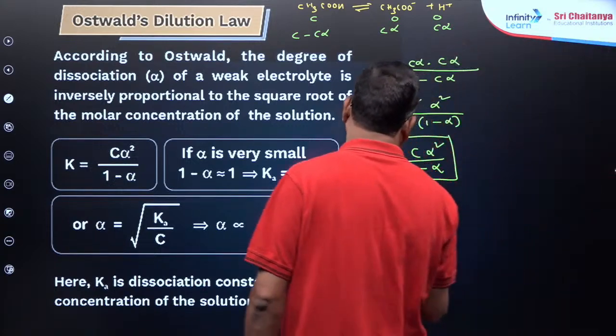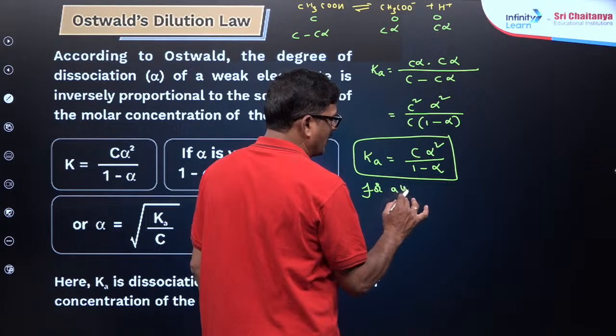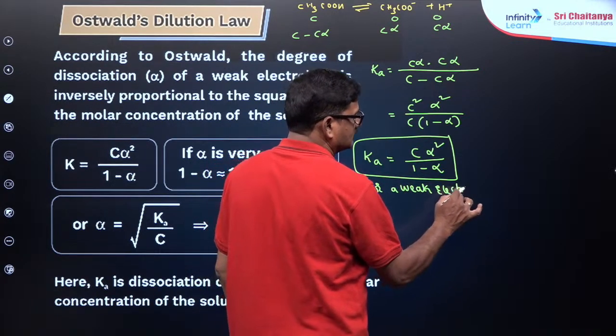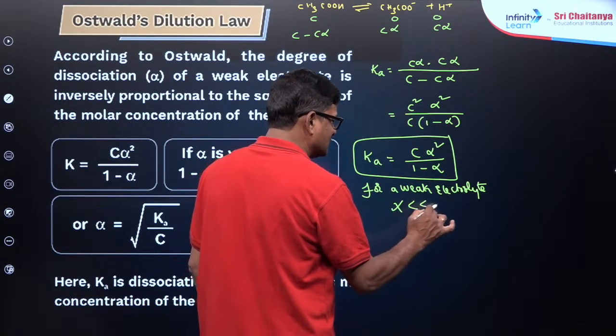So for a weak electrolyte, alpha is less than 1.